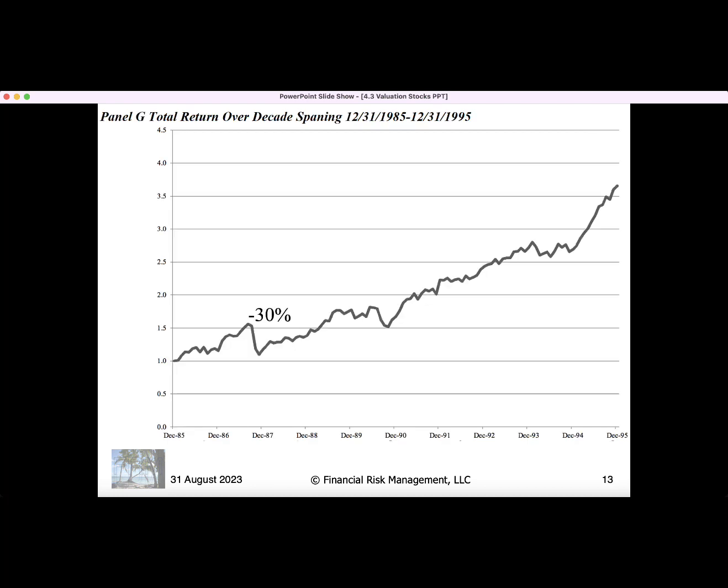Similarly, in 1985 to 1995, we had October 19th, 1987, the crash that occurred then, and then the echo crash in 1989, and other declines, but we go from $1 to north of $3.50.